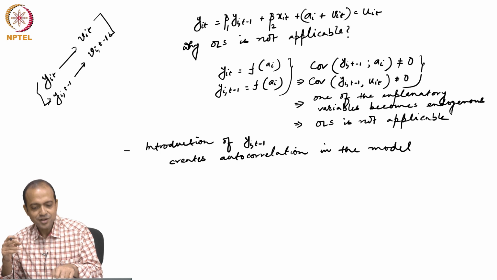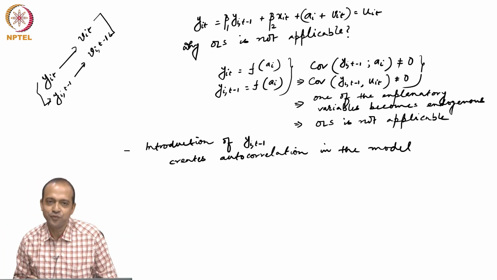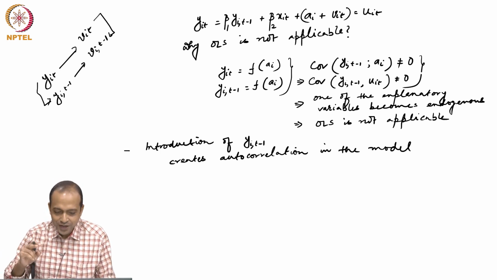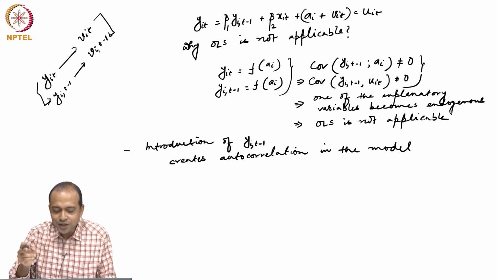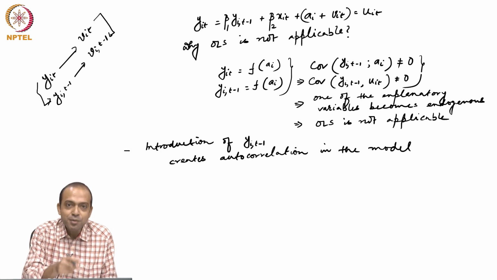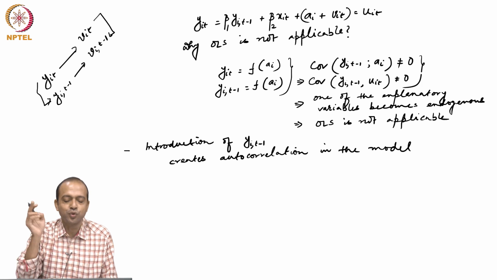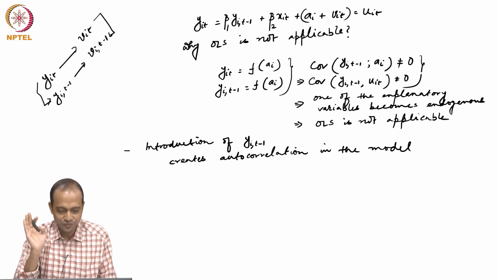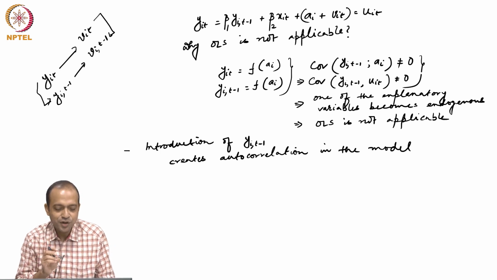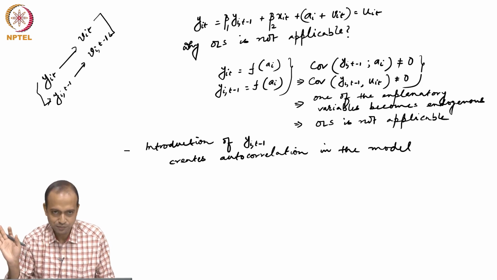That is the reason VIT is again getting correlated with VIT minus 1. This is the logic. Okay. So, VIT is getting correlated with VIT minus 1 through this YIT minus 1, because YIT minus 1 is correlated with VIT minus 1 and YIT minus 1 is also correlated with YIT. That is why the moment we introduce a lagged dependent variable in the model, it will lead to autocorrelation.